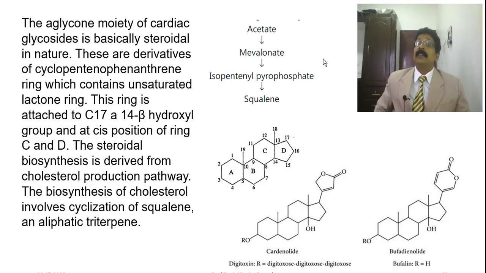And while discussing farnesyl pyrophosphate, we talked about head and tail. Two molecules of farnesyl pyrophosphate join in tail to tail joining.